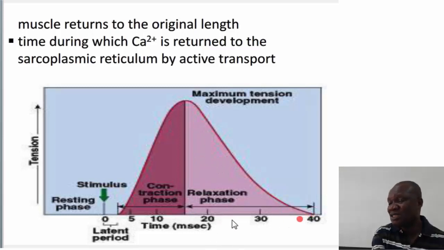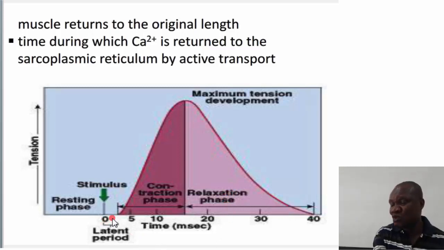During the relaxation phase, calcium will be pumped back into the sarcoplasmic reticulum. During the contraction phase, there's a lot of calcium, and we have the formation of the cross linkages, that is, the interaction between the cross bridge and the actin filament, which results in shortening or generation of tension or force.